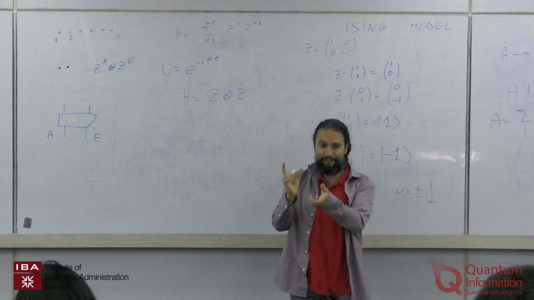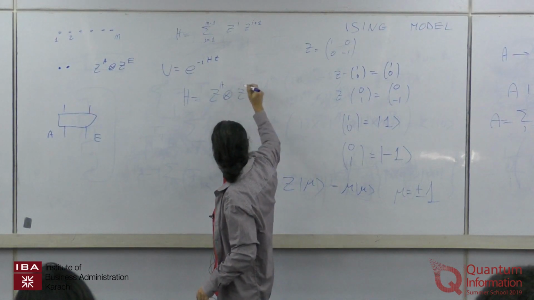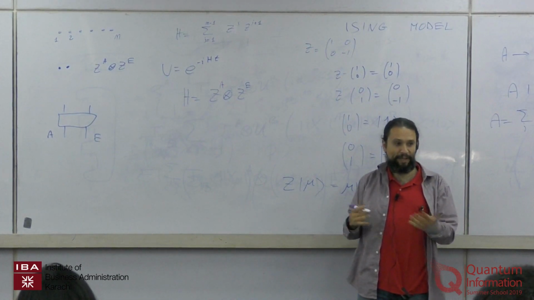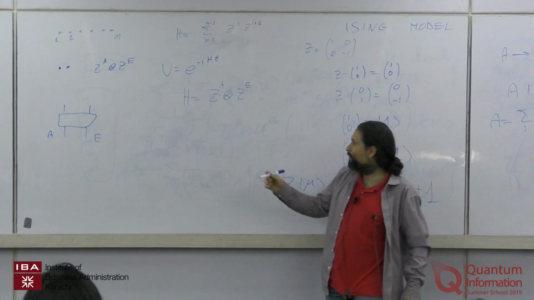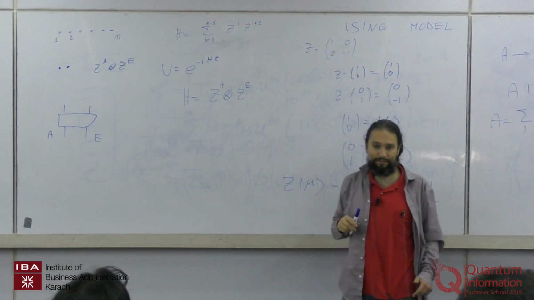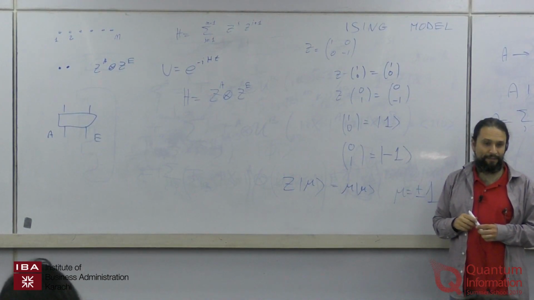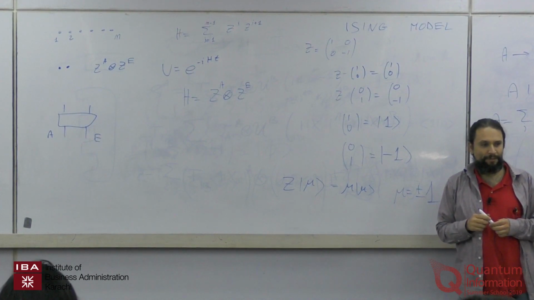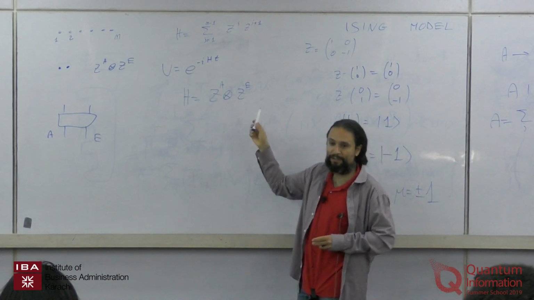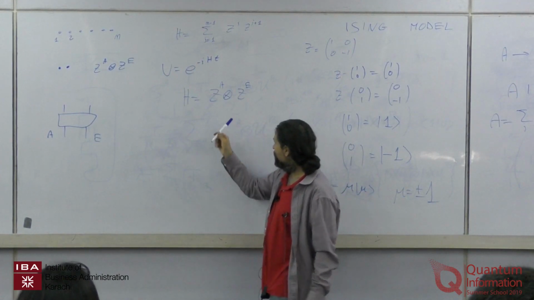So now this should be a cat that acts on two systems, A and E. So first of all, it's bipartite, so it should be something for A and something for E. And it will be a product of an eigenstate for A and an eigenstate for E. So first of all, how many are there? Here there are two, because it's a two-dimensional matrix. How many are there here? Four.